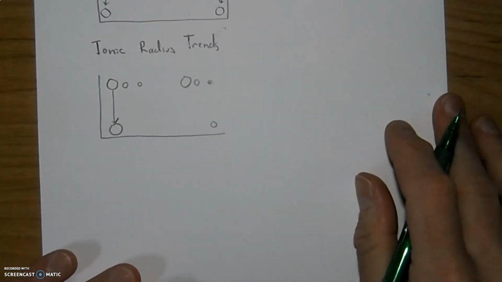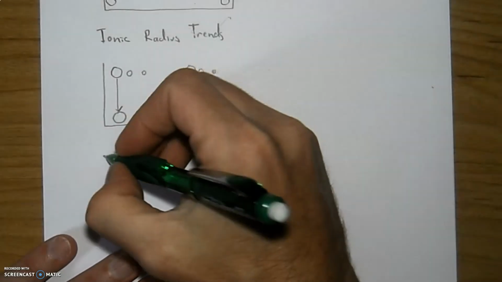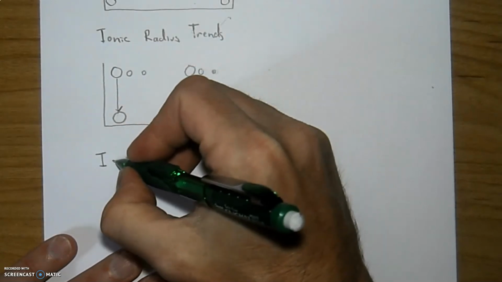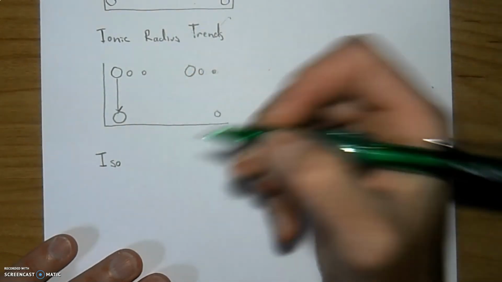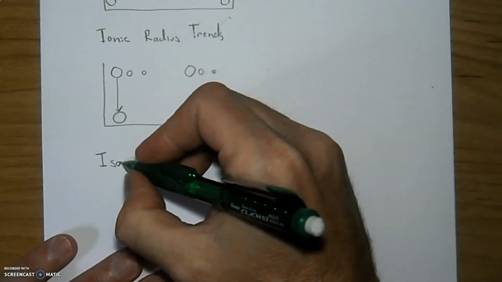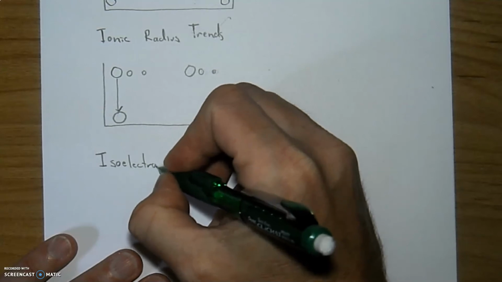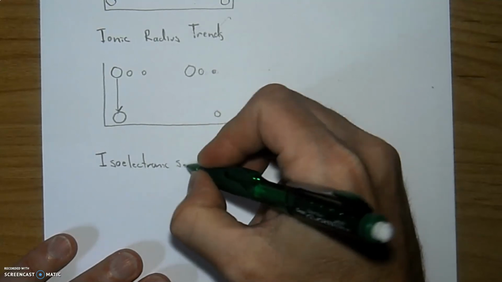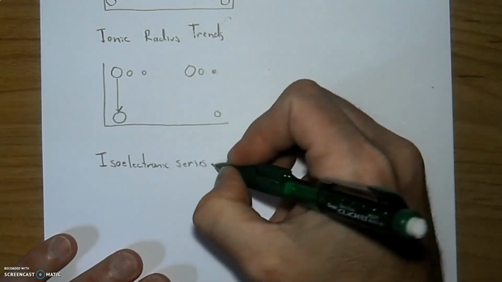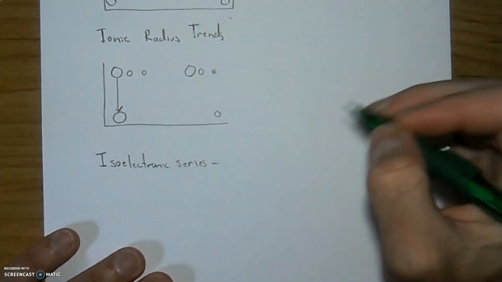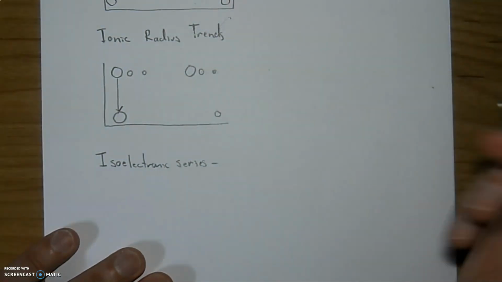Okay, let me add a new definition here, and we'll talk. It's an isoelectronic series. It's a big fancy word. And what that refers to is the number of electrons that the atoms have.